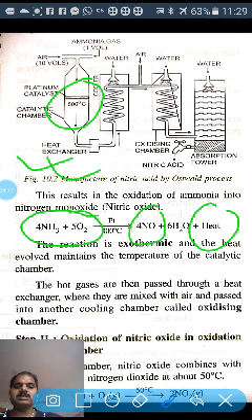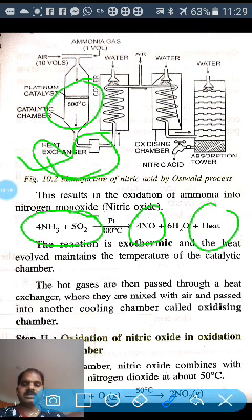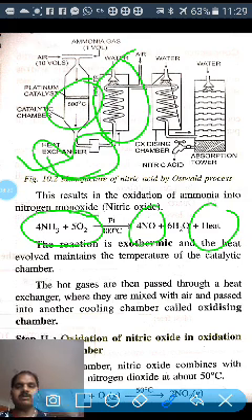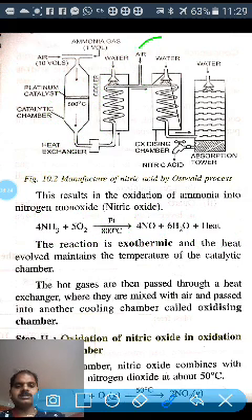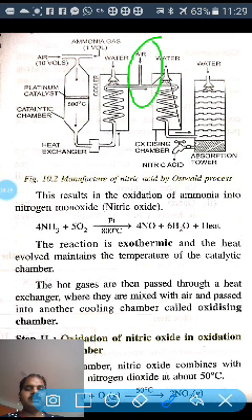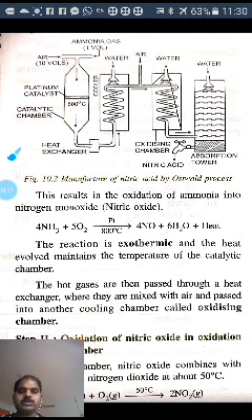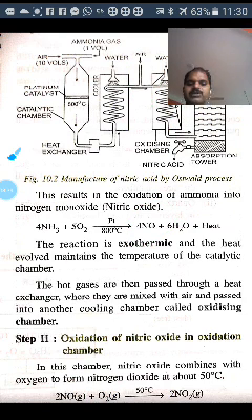Now this heat is reduced in this heat exchanger, and it is again cooled in this cooling tower. After this cooling tower, oxygen is passed through it in the form of air. So here we have nitric oxide. This nitric oxide will combine with oxygen to form nitrogen dioxide.